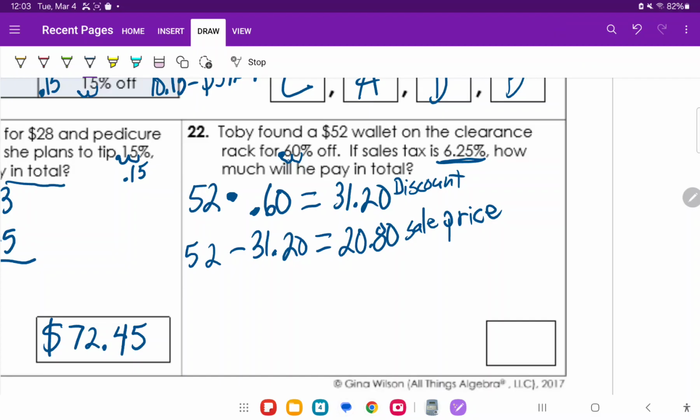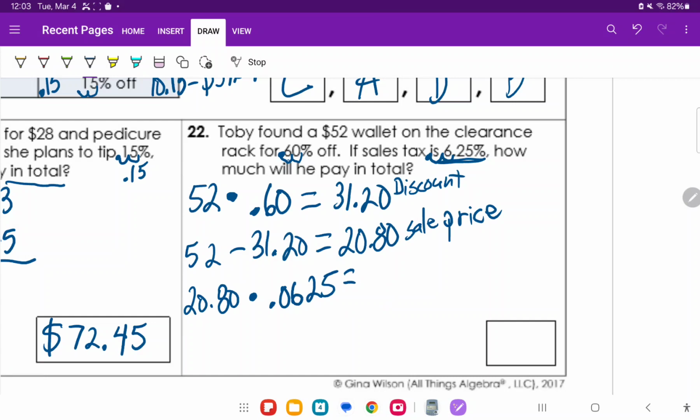Now we have to add the tax. All right, so we take our $20.80 times the tax rate. Remember, we have to move the decimal 2 places. So that's 0.0625.